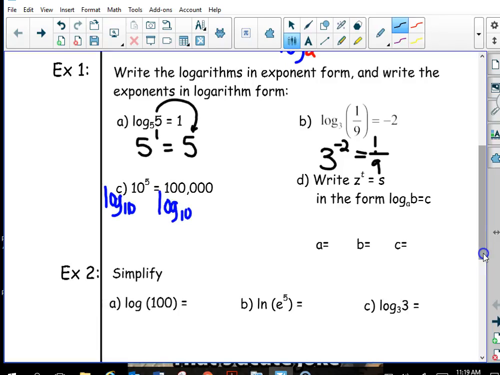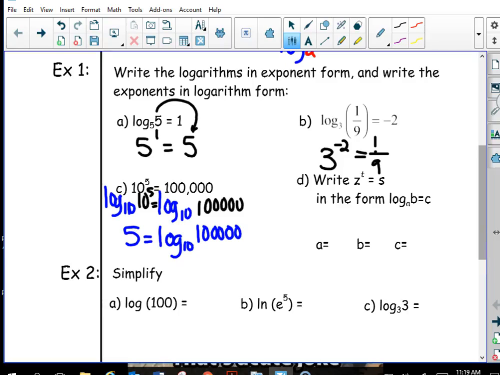If I apply a log base 10 to both sides, I get 10 to the 5th, which just reduces to 5, equals log base 10 of 100,000. So to take 10 to the 5th equals 100,000 and write it in log form, I get 5 equals log base 10 of 100,000.